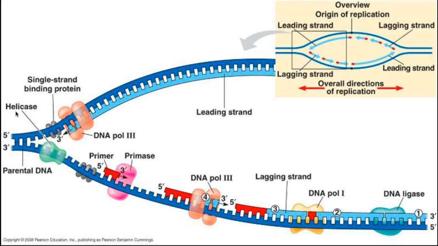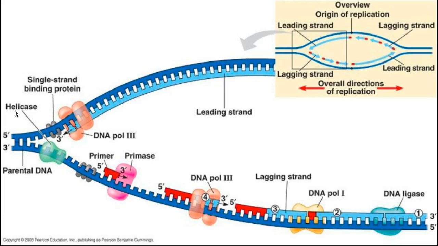It is responsible for breaking those hydrogen bonds between the two bases, and then it opens up sections of the DNA so that new bases can be added and two new strands can be formed. We also have single-stranded binding proteins that attach to each strand, and these proteins help to prevent the DNA from recombining and joining back together once it's been separated by the helicase enzyme.